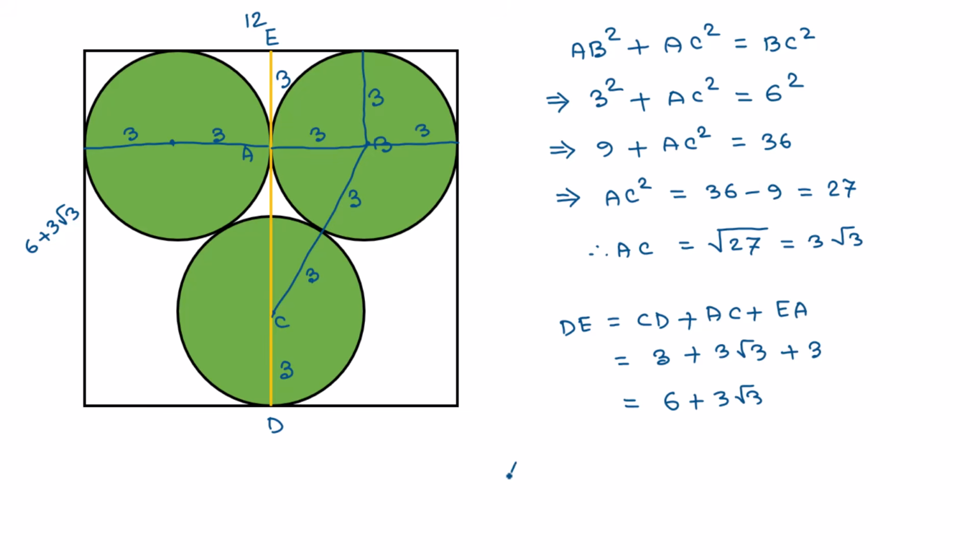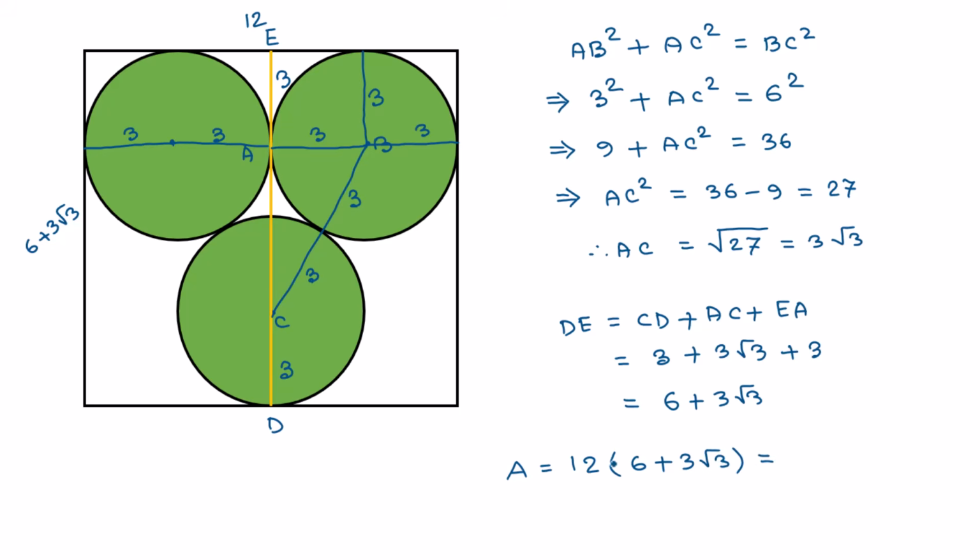So the total area of this rectangle will be length times width. So length is 12 units and the width of this rectangle is 6 plus 3 times square root of 3.